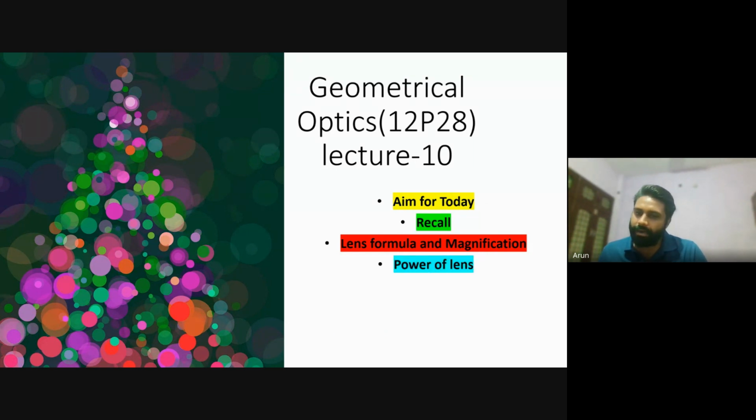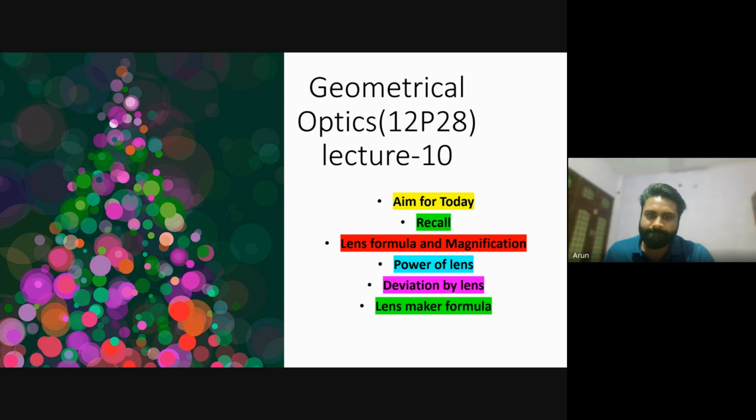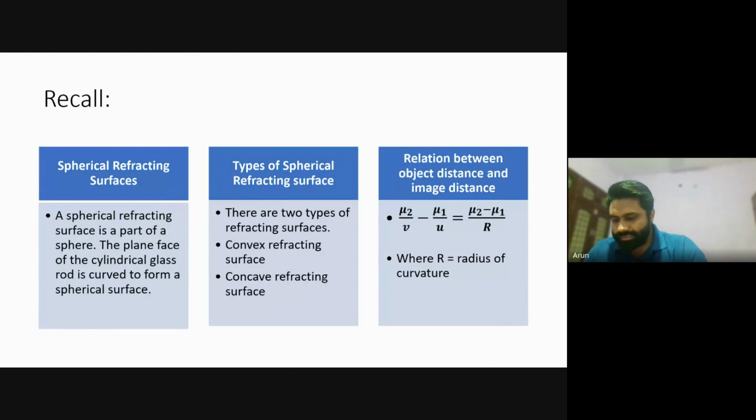Power of lenses: we are going to describe how to calculate the power of a lens and what it means. Deviation by the lens: like we have discussed deviation by plane mirror, spherical mirror, and glass slab, here we are also going to see deviation by lenses. Then we are going to see the lens maker formula, and that is it.